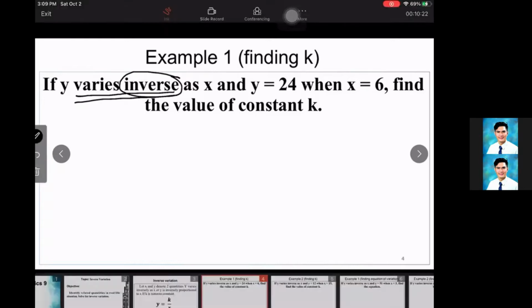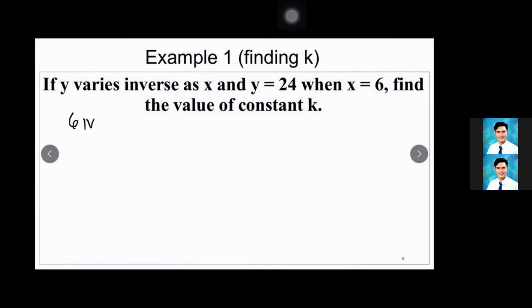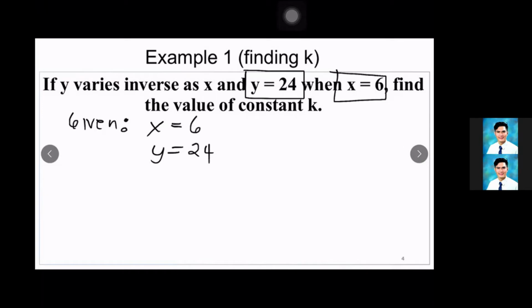Our first process is identifying the given: we have x and y. In our word problem, y is equivalent to 24, where x is equivalent to 6. After identifying the given, we can now write the formula. For inverse variation, we have y is equivalent to k over x. So this is our formula.